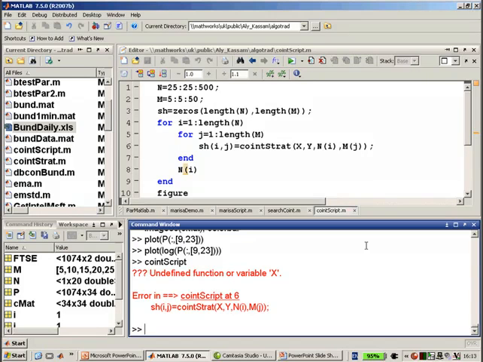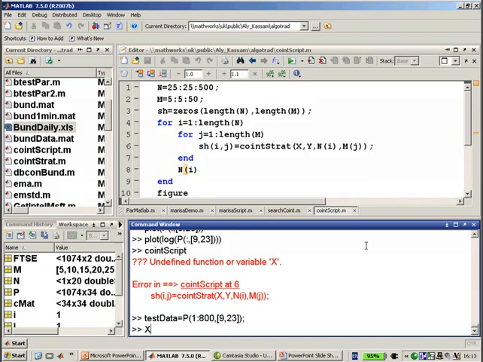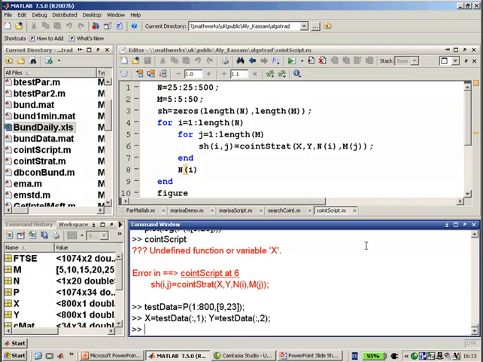In fact, what we'll do here, we will try some in and out of sample testing. So I will make some data which is only the first 800 points, and I'll call that test data. So test data takes only the first 800 days worth of data for columns 9 and 23 from my portfolio. And my X and Y data will be the first two columns of that.